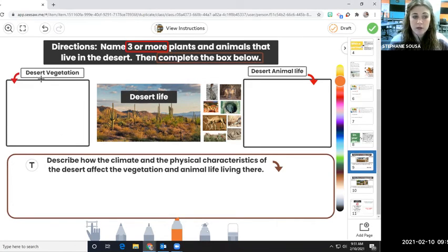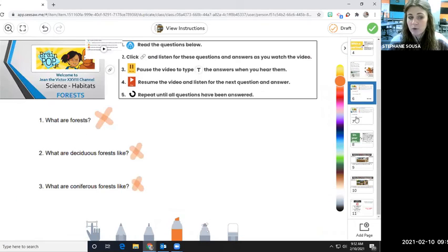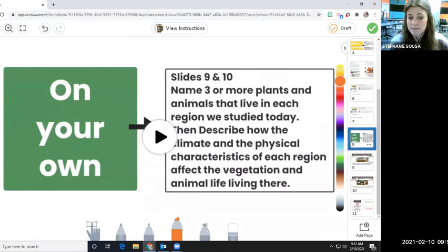So you'll write 3 or more plants and animals. Then down here, you will type to describe how the climate and physical characteristics of the desert affect the vegetation and animal life living there, okay? You can do that by going back and looking at the information that you highlighted, looking at the questions that you answered from the text.